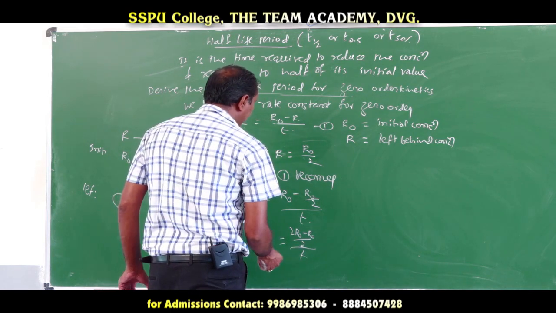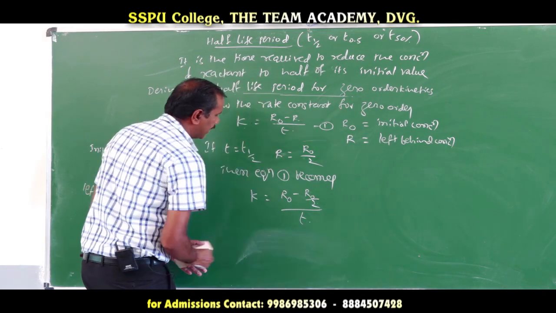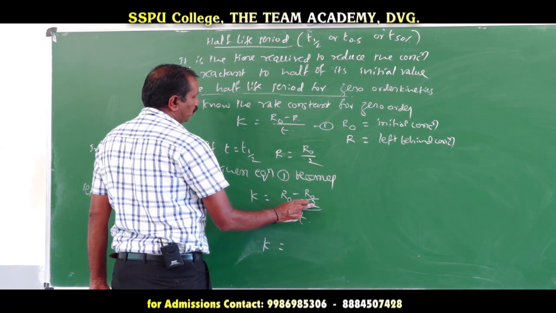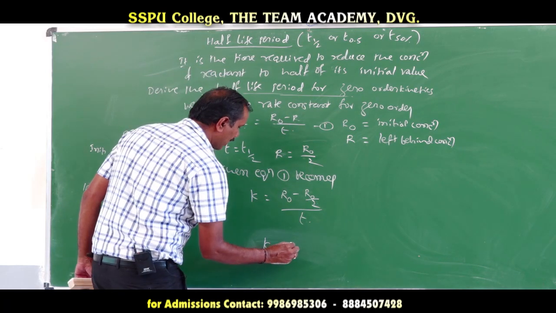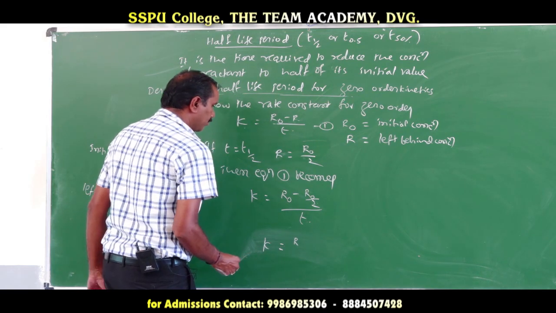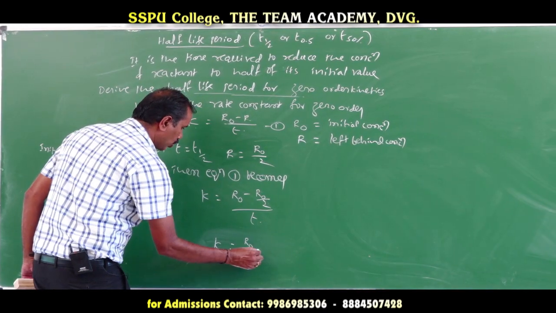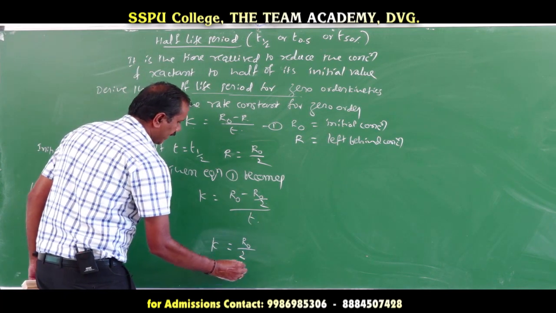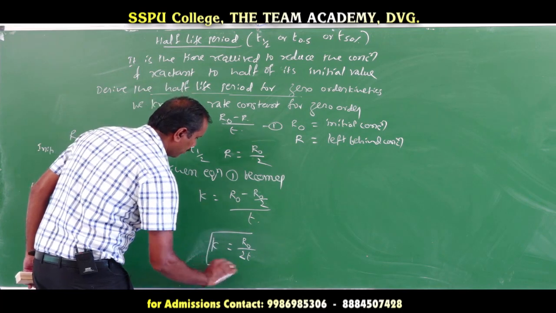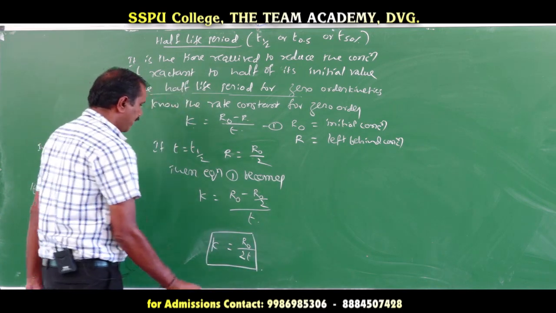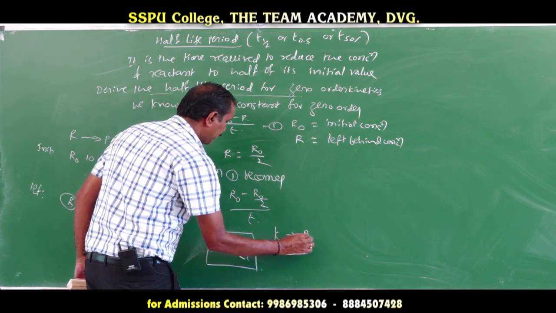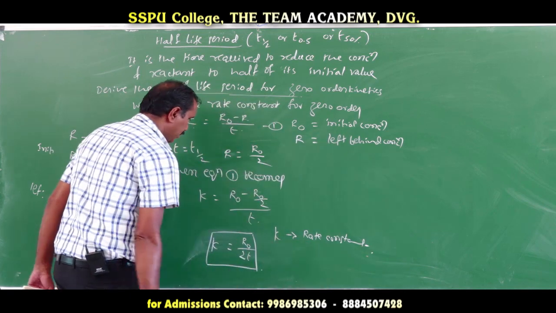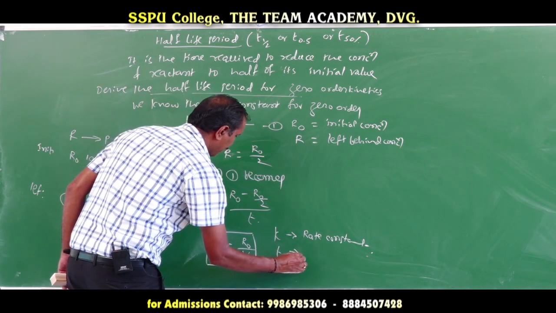So, we may write K equals R naught minus R naught by 2, which is nothing but R naught by 2 into t, where K is the rate constant and t is the time interval.